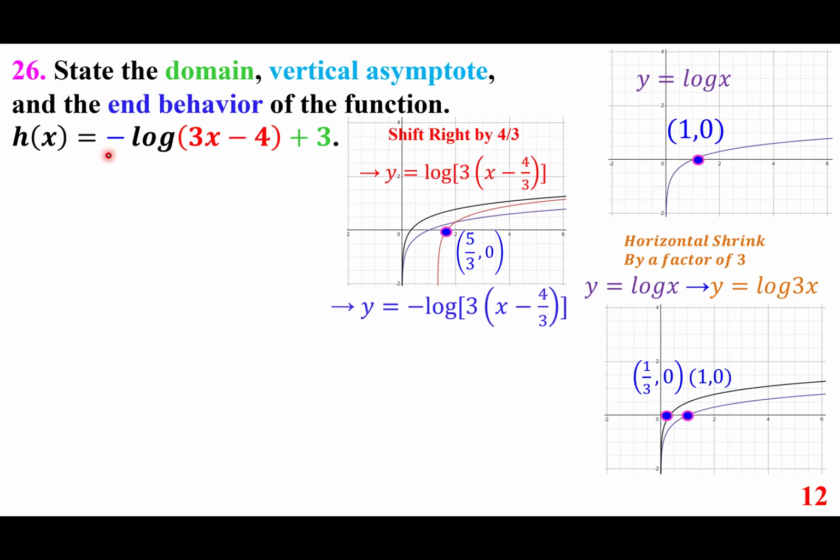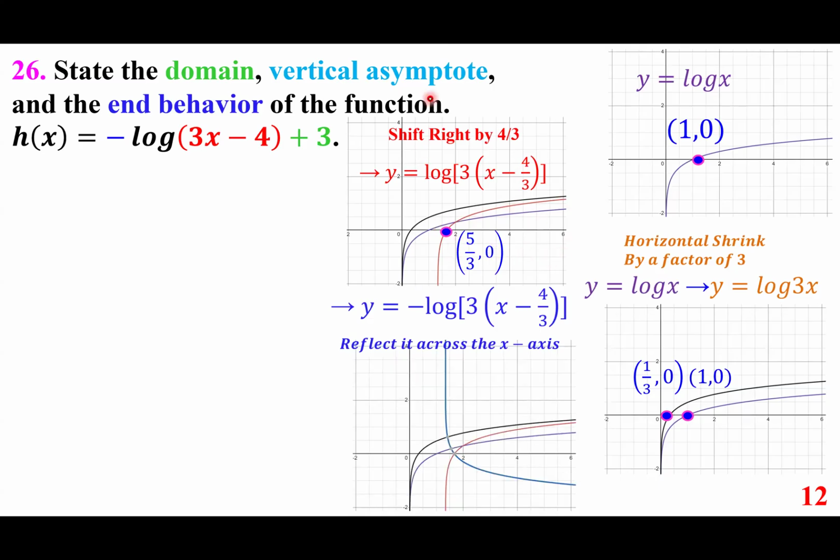When we do that, it reflects it. So we are looking at this last one, reflection across the x-axis. So this graph becomes this, which means the x-intercept remains at (5/3, 0).